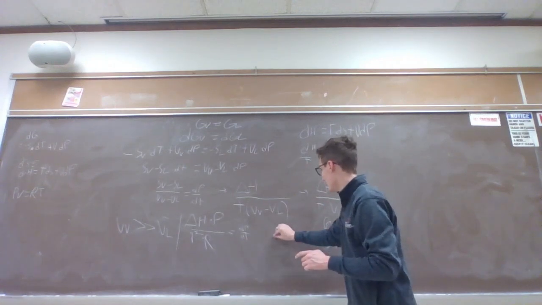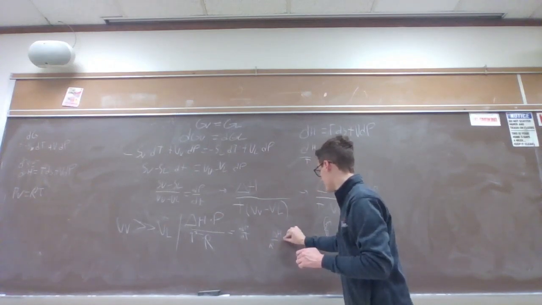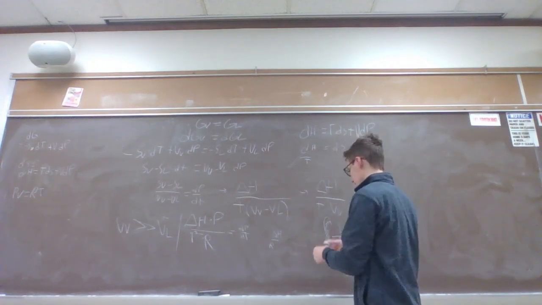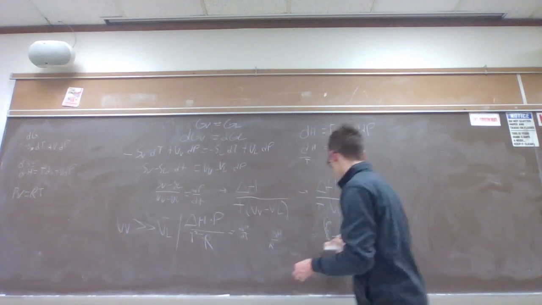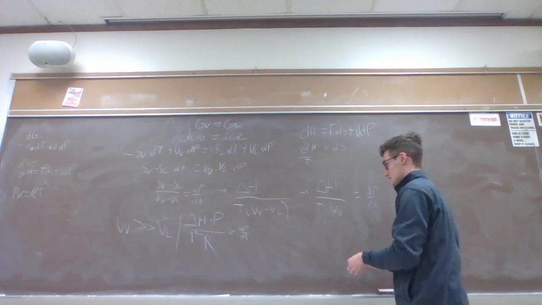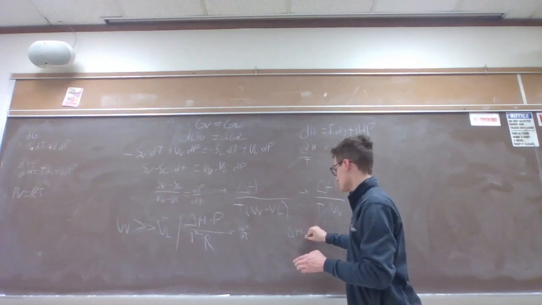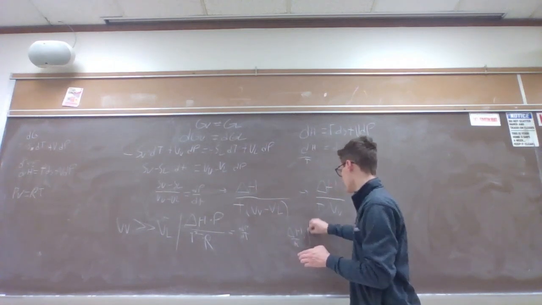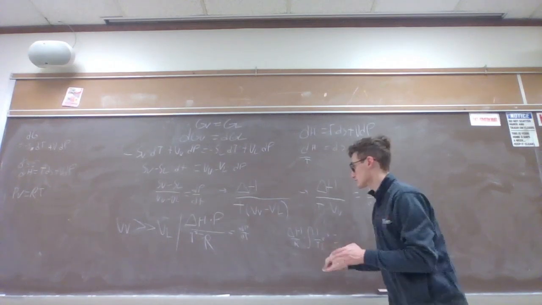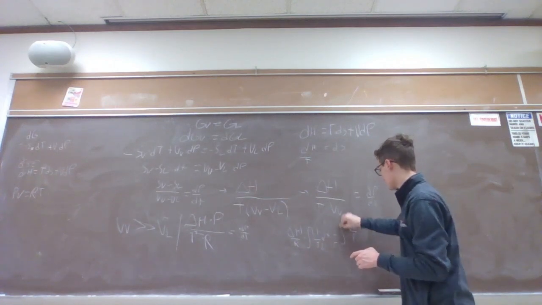Sorry, I switched the sides up, that's on me. So it's going to be delta H over R times the integral of 1 over T squared dT, which then equals, we're going to transfer P over to the other side, dP over P, the integral.